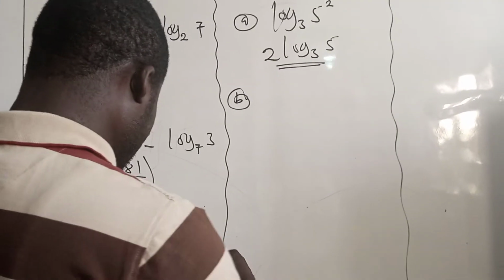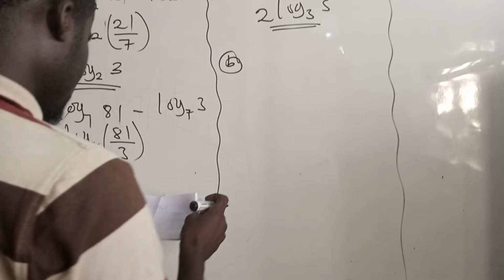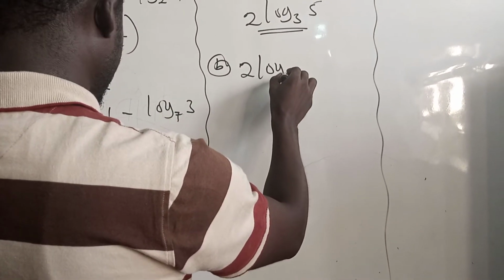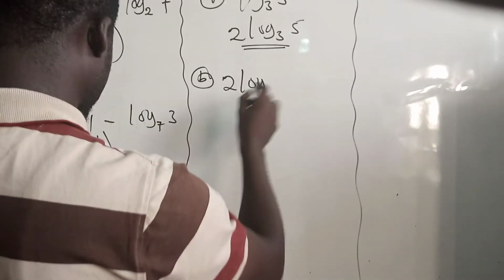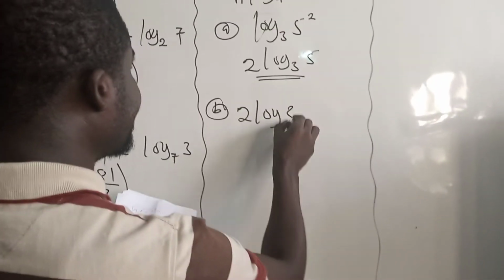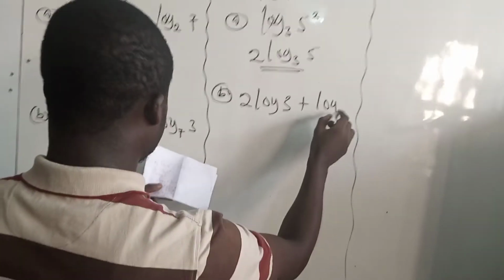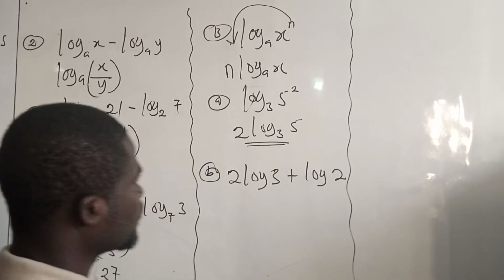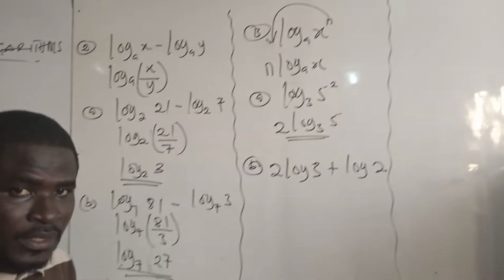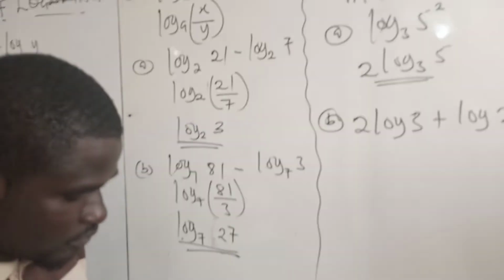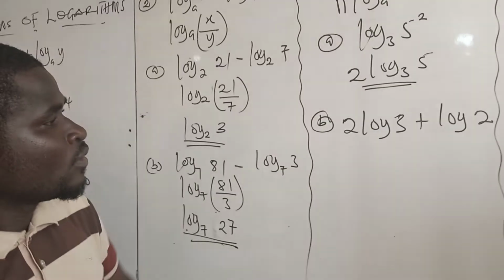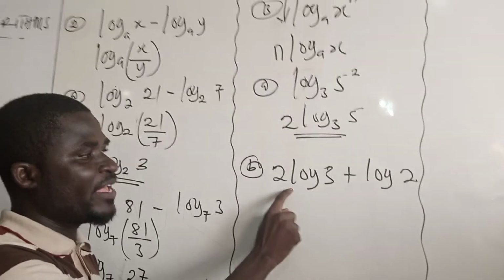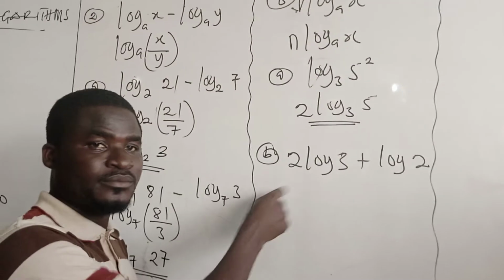Example B says that we have 2 log 3 plus log 2. Now, we have a number, an exponent in front of the log.